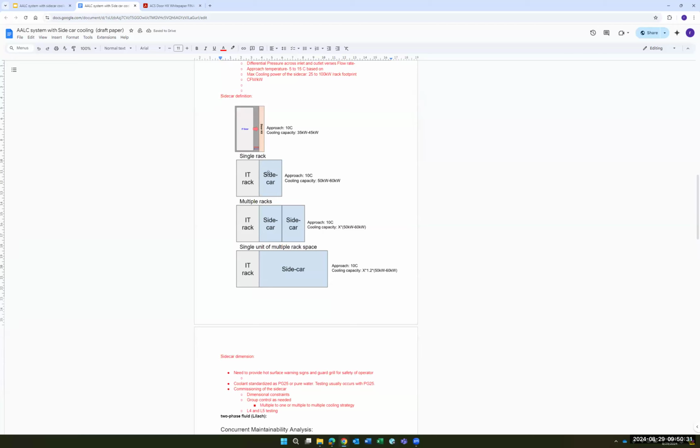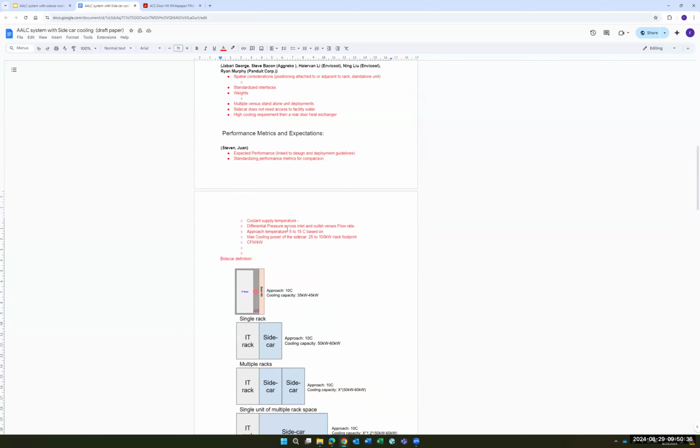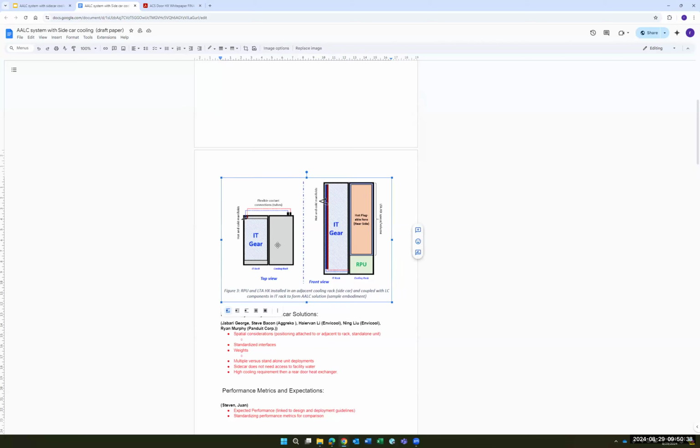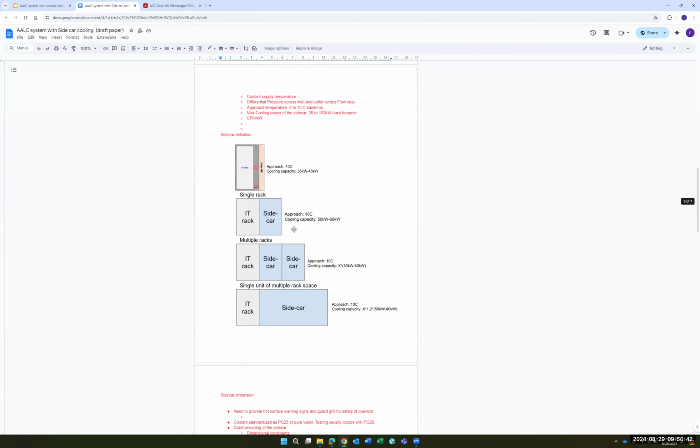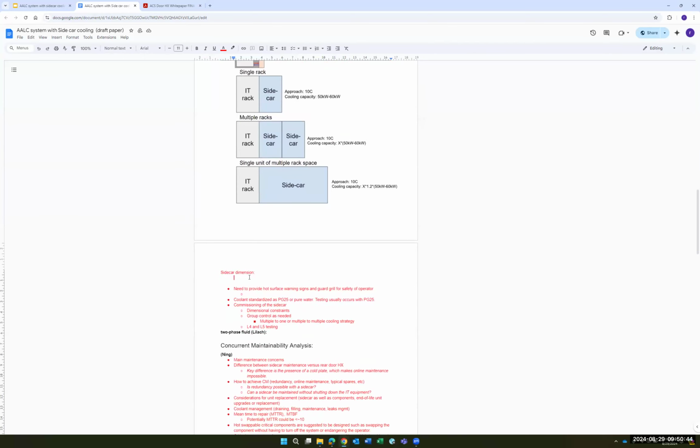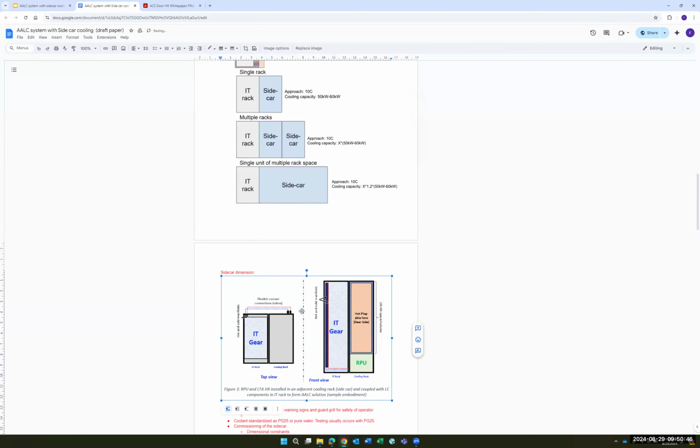So for example, if I take a small single sidecar, you have the depth, the width, and the height.